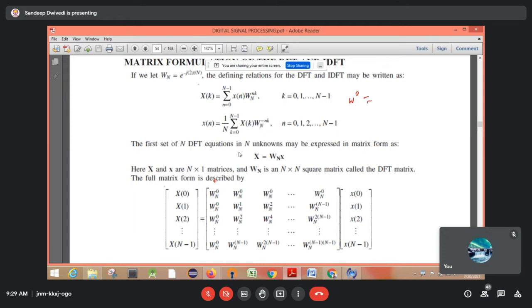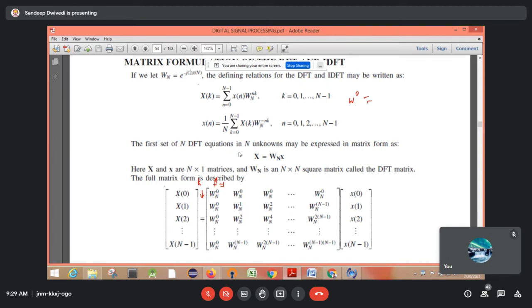Here you can write N, this is the value of N, and along the rows this is the value of K. Both the values over here are 0. This 0 is nothing but the multiplication of Kn.